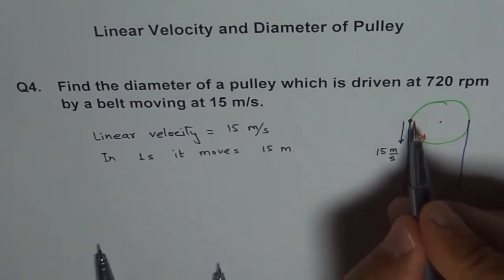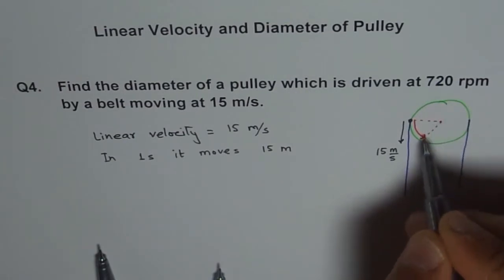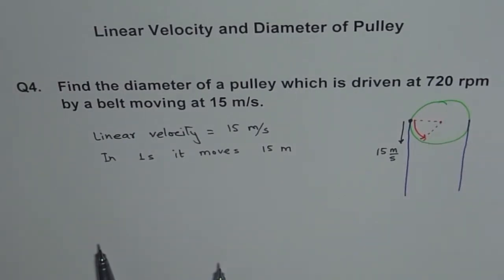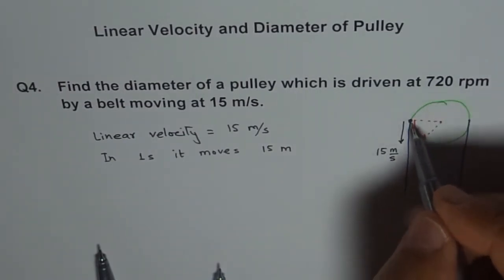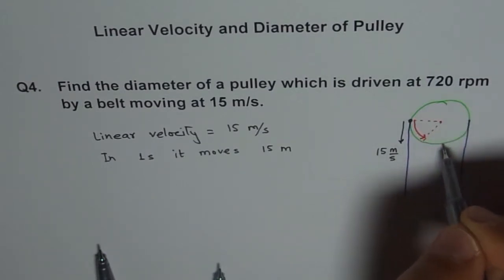That is how we are going to relate linear with angular. Do you see a sector being formed here? This sector shows the movement of a point on the wheel. Let's say there are 2 points here. One went on the belt and the other kept itself on the pulley. But in a given time of 1 second, both have moved through the same distance.